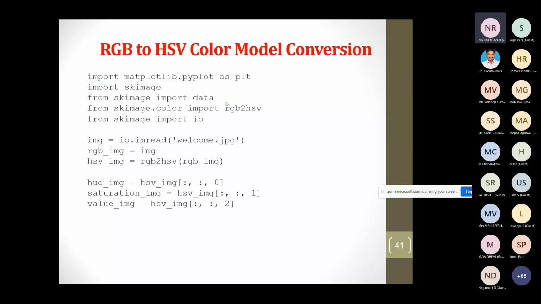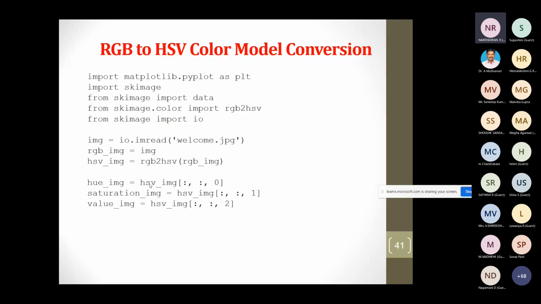Now you come to the next one: how to convert from one color model to another. Here I have taken one example to convert RGB to HSV. I am just reading the image, and after that I convert RGB to the HSV model. This is only a function call; the function does all the things. The same equations we applied in the example are applied, and we get the image result.